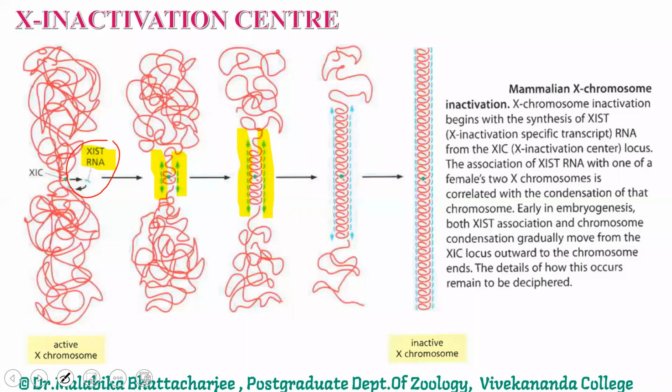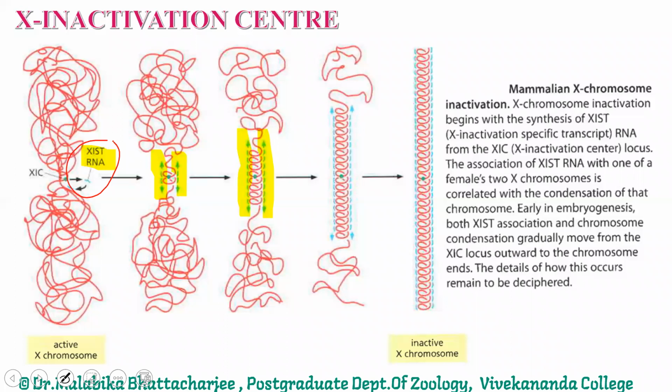If we remove acetyl groups, the DNA will become more and more closed, so it will become heterochromatic in nature. If we remove methyl groups, the DNA will open up. If we add methyl groups, once more, the DNA will become more and more heterochromatinized. So these two phenomena of acetylation and methylation need to occur in any DNA which needs to be either activated or deactivated.